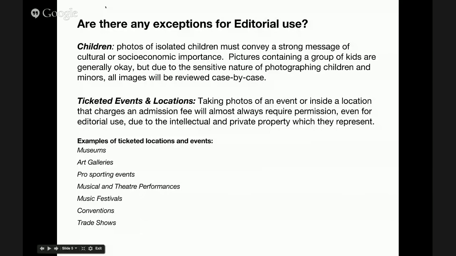clauses. So are there exceptions? There are exceptions. Some of the exceptions for commercial use would be crowds. Where someone is isolated, when someone is featured in a photo, they're always going to need a release. When you can see their face and their features or recognize them through context, they're always going to need a release.